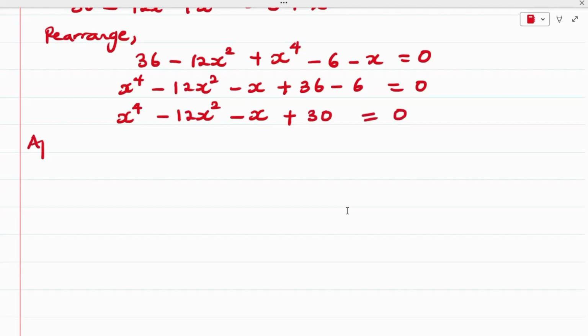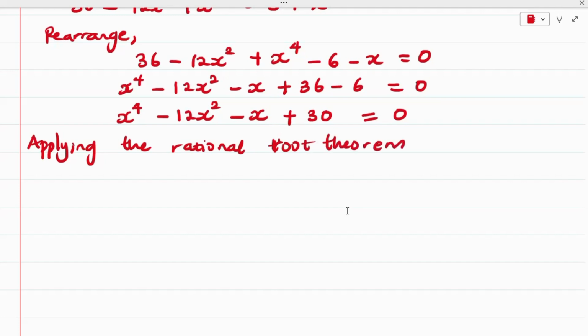So we want to simply solve this by applying the rational root theorem. We want to simply apply this theorem right here to solve this problem. Applying the rational root theorem, we want to simply find the possible rational roots of the constant term, which is 30.